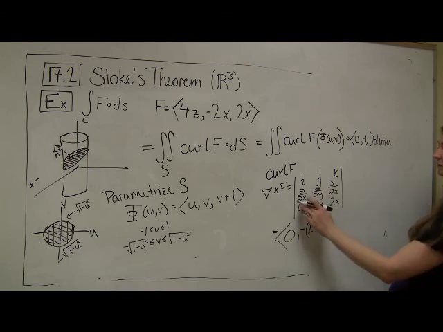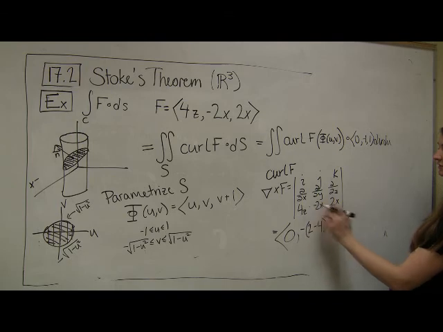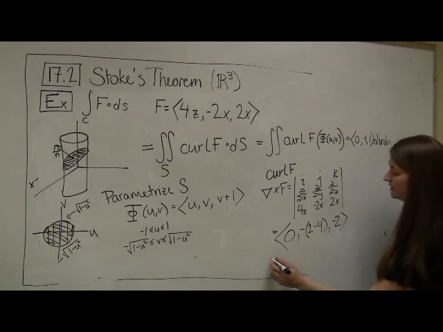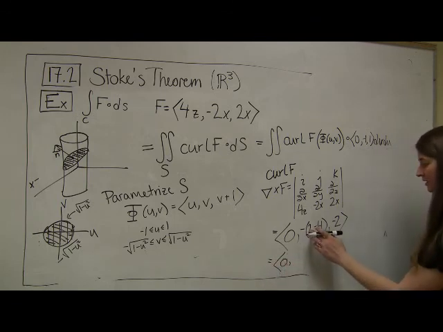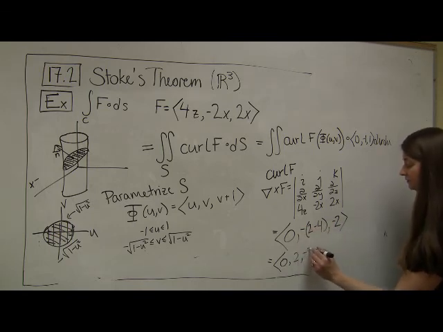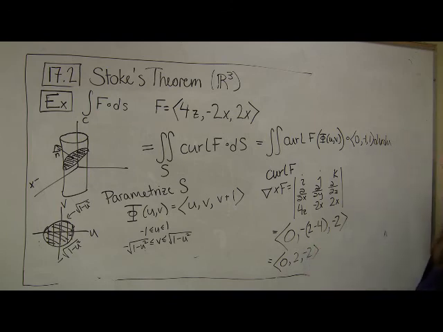And then for our final component, the partial derivative of -2x with respect to x is -2, and the partial derivative of 4z with respect to y is just 0. So this gives me 0, 2 minus 4 is -2, -2 is +2, 2. Phew!